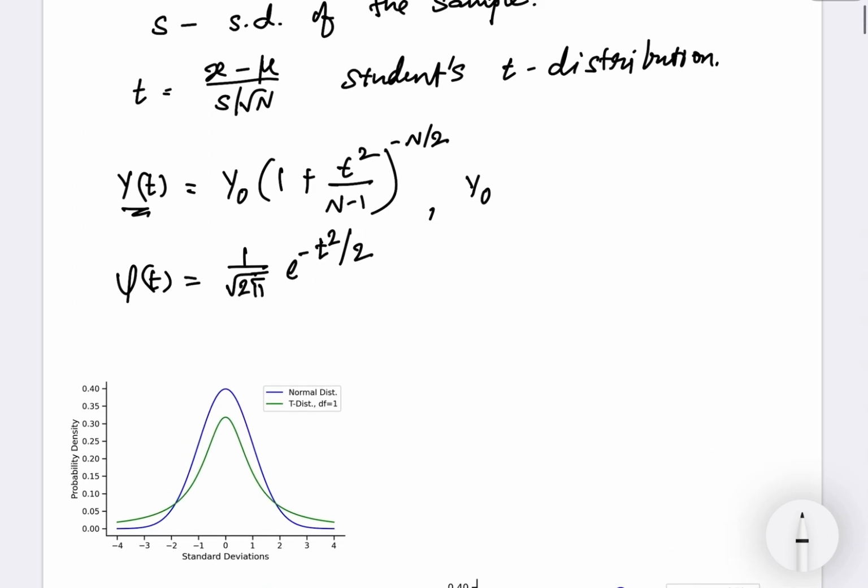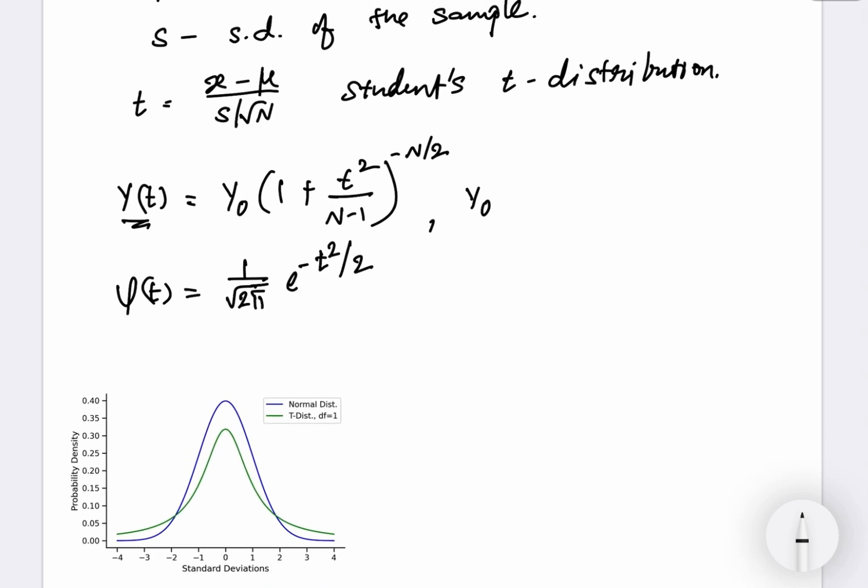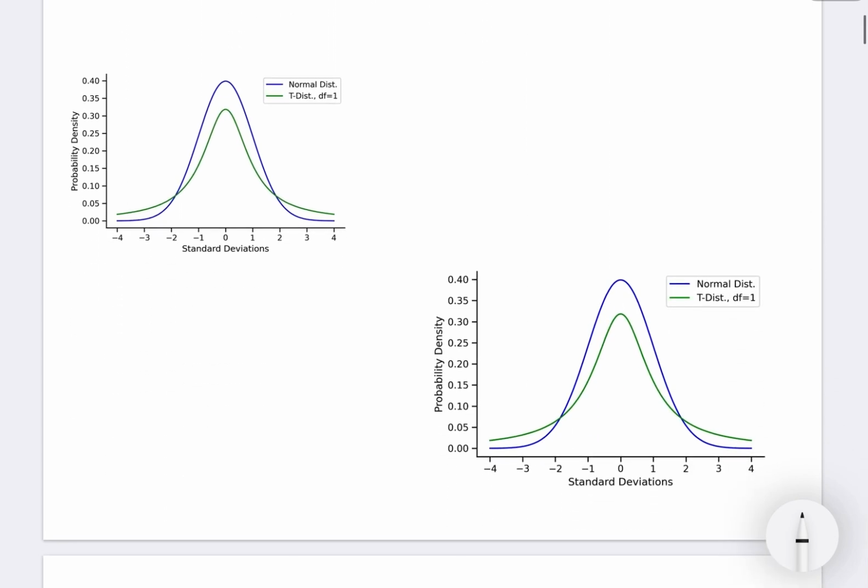So here we can see the comparison between the t curve and the normal distribution curve. The blue one is the normal distribution curve, and the green one is the t distribution with 1 degree of freedom. And here I will be showing the simulation wherein, as we increase the degrees of freedom, the t curve is going to coincide with the normal distribution curve.